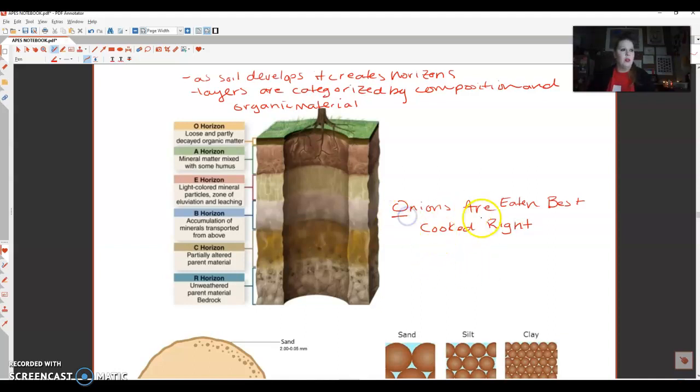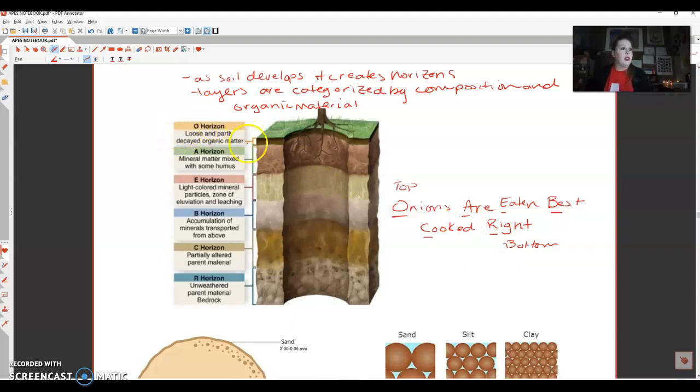So O, A, E, B, C, R. Okay, those are the layers of soil, or the horizons of soil, in order. So top to bottom. Okay. So let's start at the top one.